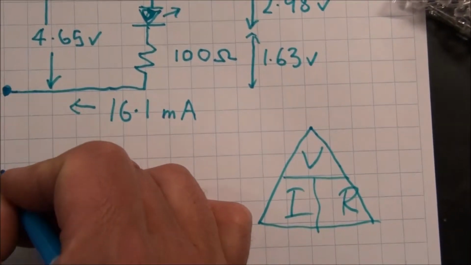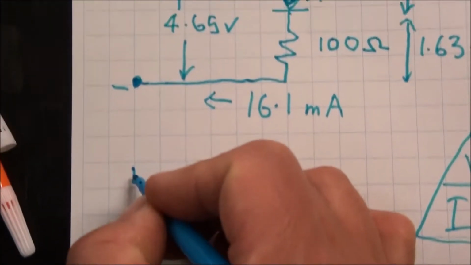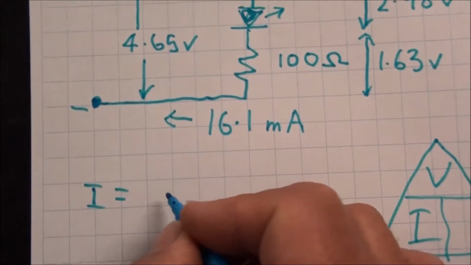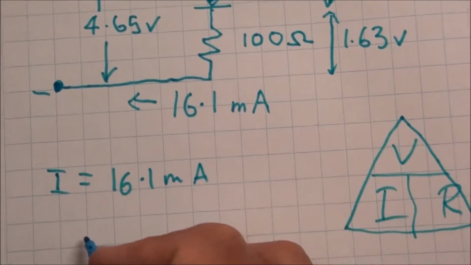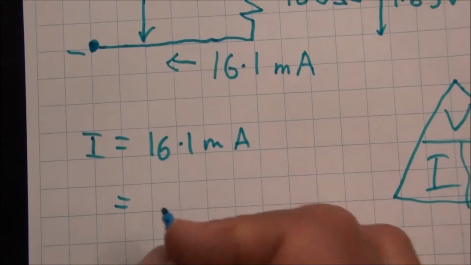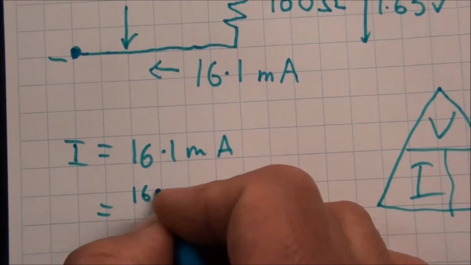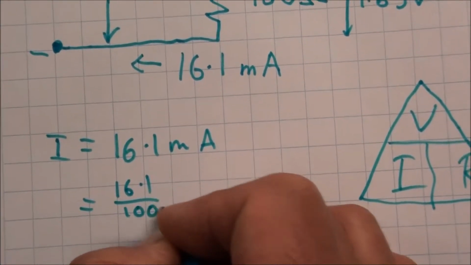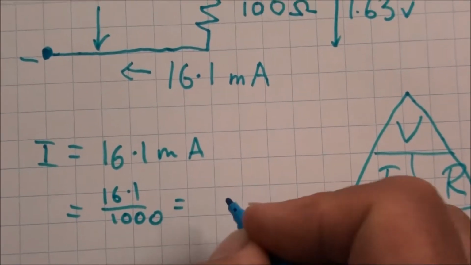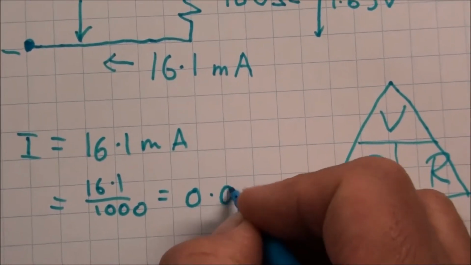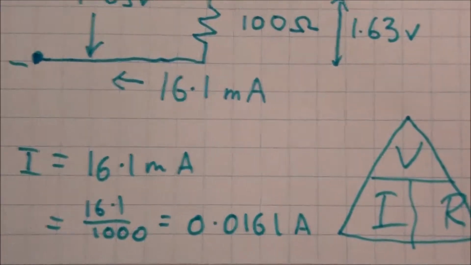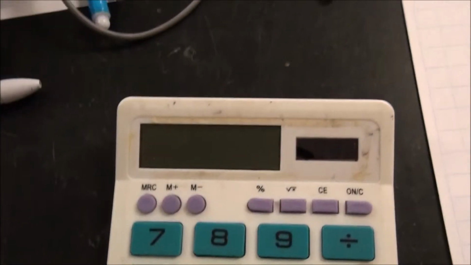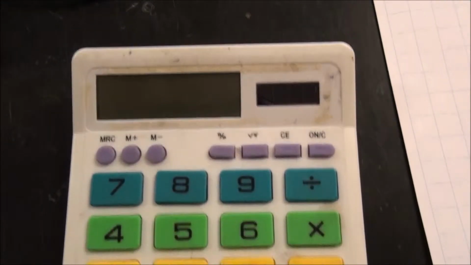Therefore, current I equals 16.1 milliamps. Converting this into amps, right? Therefore, 16.1 divided by 1000 equals 0.0161 amps.